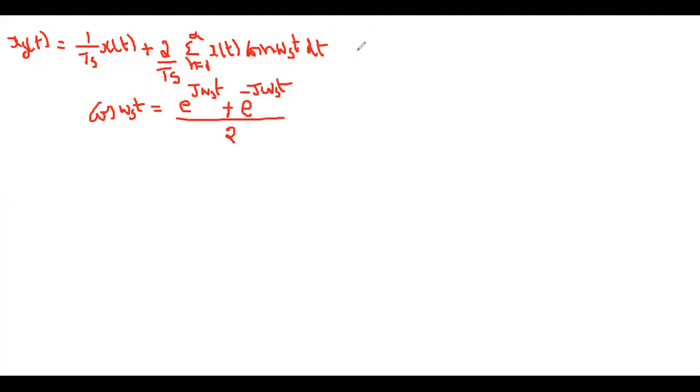You can rewrite this function as x of t by ts plus 2 by ts. You can expand when n is equal to 1: x of t into cos omega s t. There is no dt here, my dear students, sorry. It is a sum only.